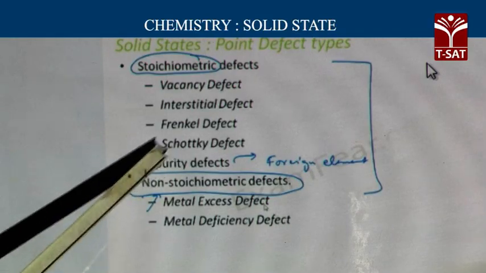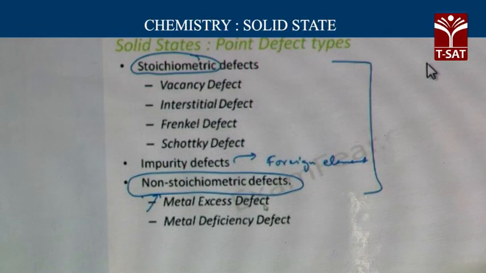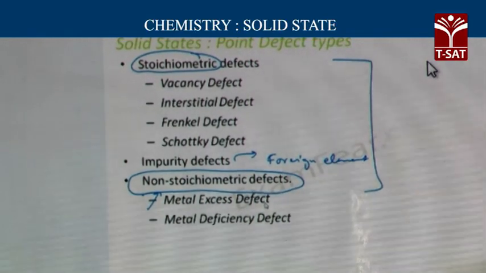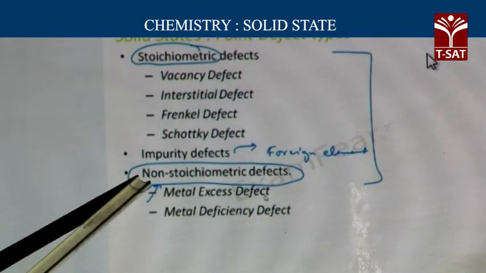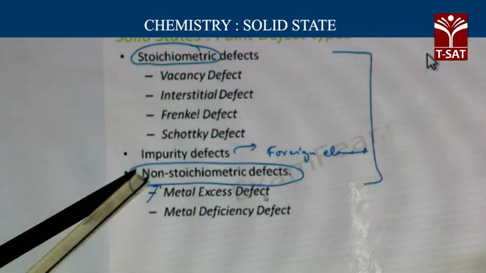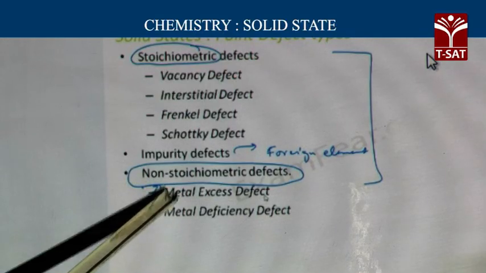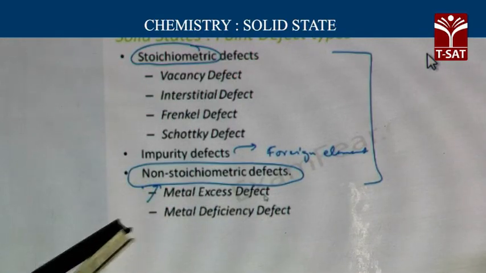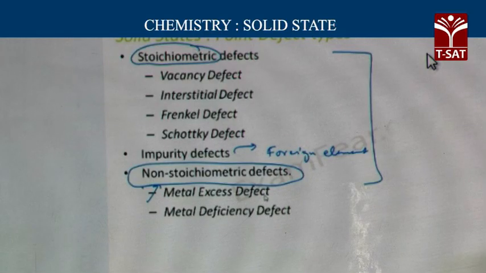And impurity defect, if any foreign element is present along with the crystal, then it is called impurity defect. And lastly, non-stoichiometric defects. They are of two types. When metal is in excess, metal excess defect, metal is deficient, metal deficiency defect.